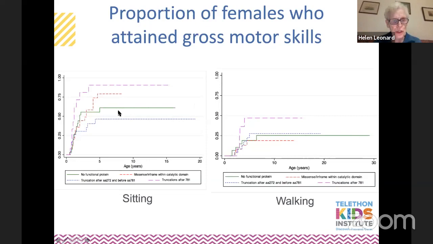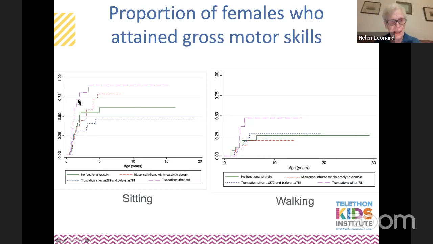This just shows you the time to gain various skills like independent sitting. And this varies according to these large mutation groups, which I hope you've seen on a previous diagram. I'll go through them again later. No functional protein, missense mutations, truncations after AA272 and before AA781, and truncations after 781.